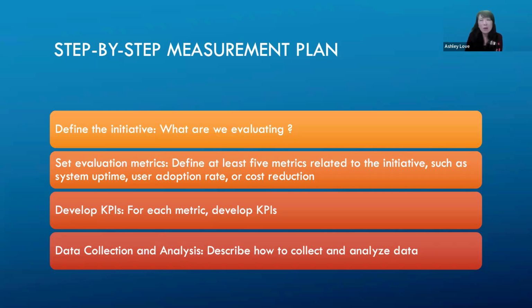You have to set the evaluation metrics really well. So you want to figure out system uptime, user adoption rate, cost reduction are some of the popular ones, especially those of you who are trying to convince the new technology uptake as opposed to just an upgrade.